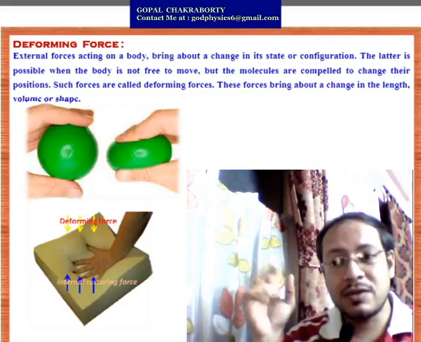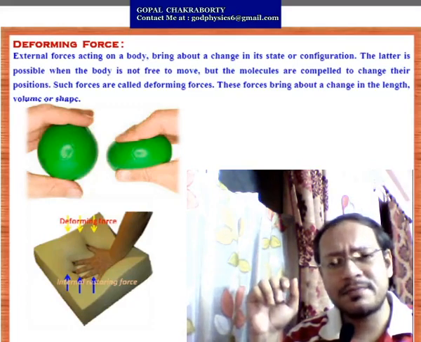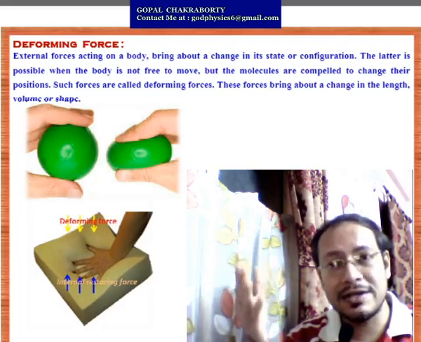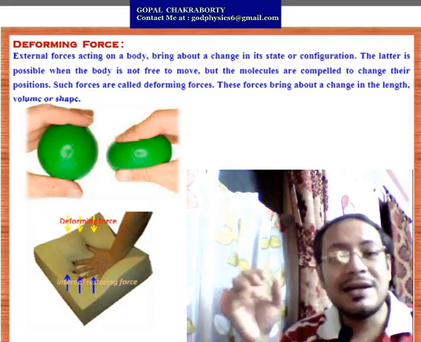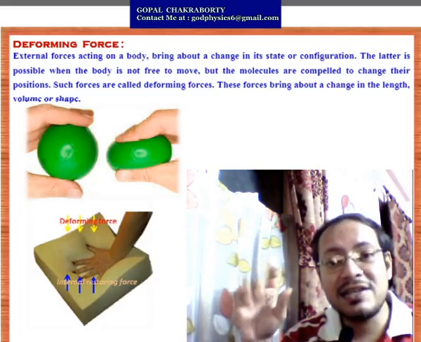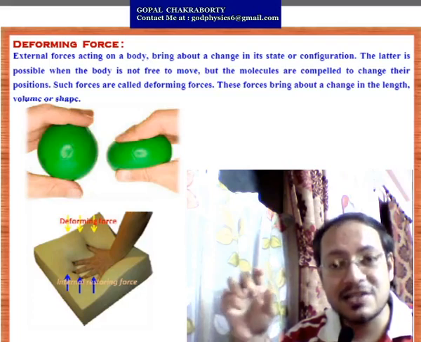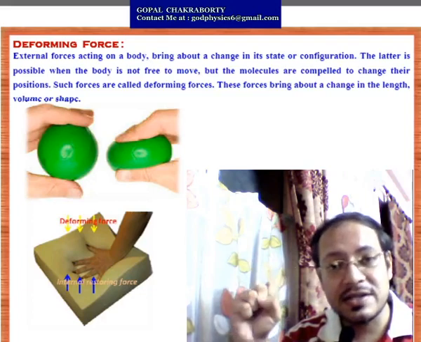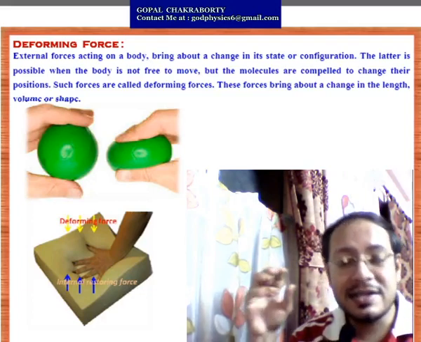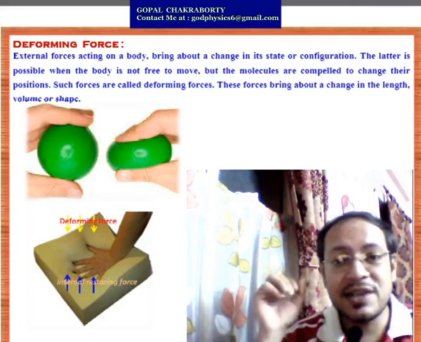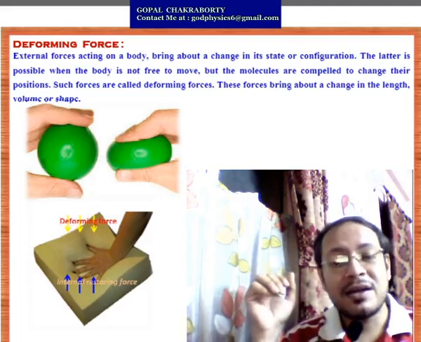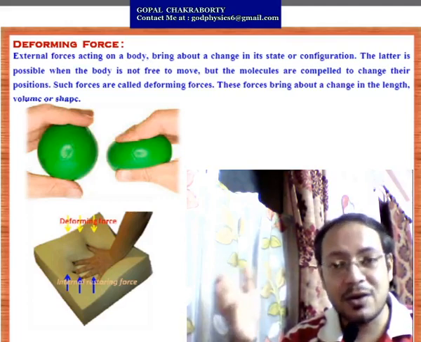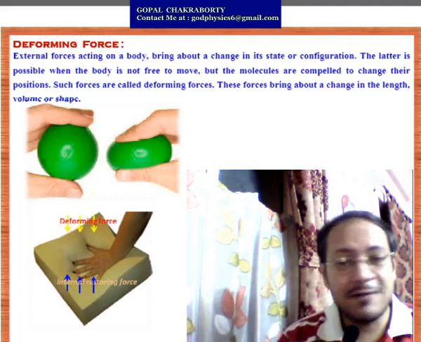So the internal molecules of that rubber ball try to change their intermolecular space, size, shape, and position. Ultimately it will get squeezed and change its size and shape. So this is the definition of deforming force.